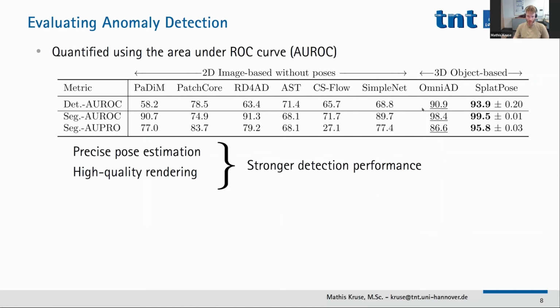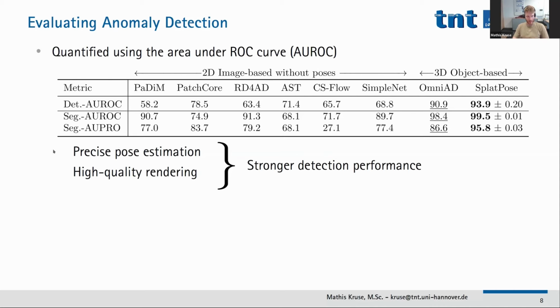Also, it should be noted that OmniPose AD and SplatPose are the only ones that really worked well on this type of data set. All other methods, which usually just work with 2D images and are not able to include any of the pose information, usually lag very far behind the 3D pose-informed ones.